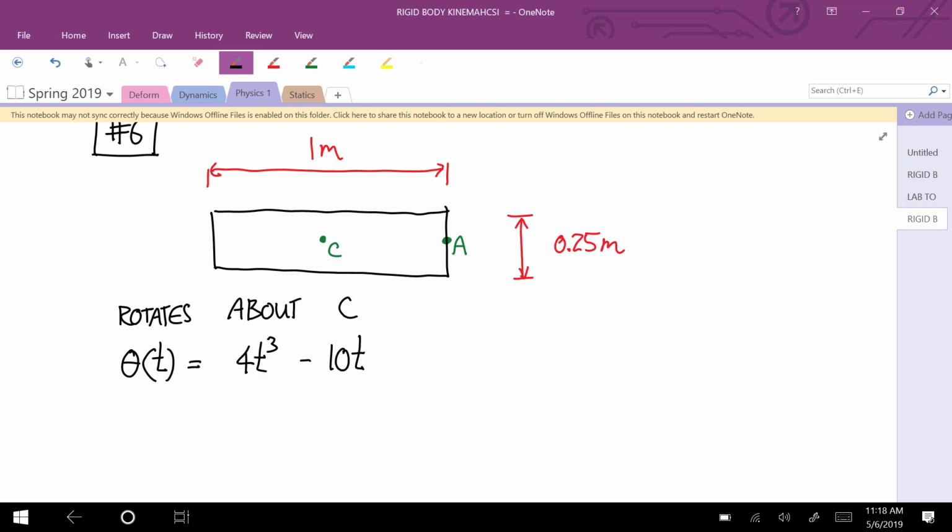And we're going to figure out the angular velocity and angular acceleration based on this function at time equals 5 seconds, and acceleration too. Okay.